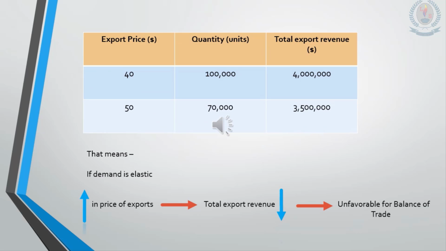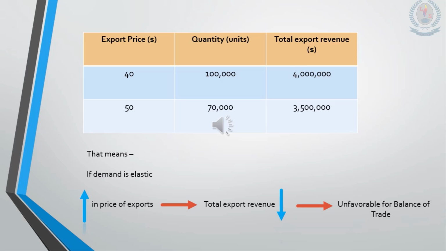Let us now look at the effect of an increase in price on the export revenue and balance of trade. We'll use the same example. Earlier, the price was $40 and the quantity demanded was 100,000, which means the export revenue will be 100,000 into 40, which is 4 million. And when the price increased, the new price is $50 and the new quantity is 70,000.